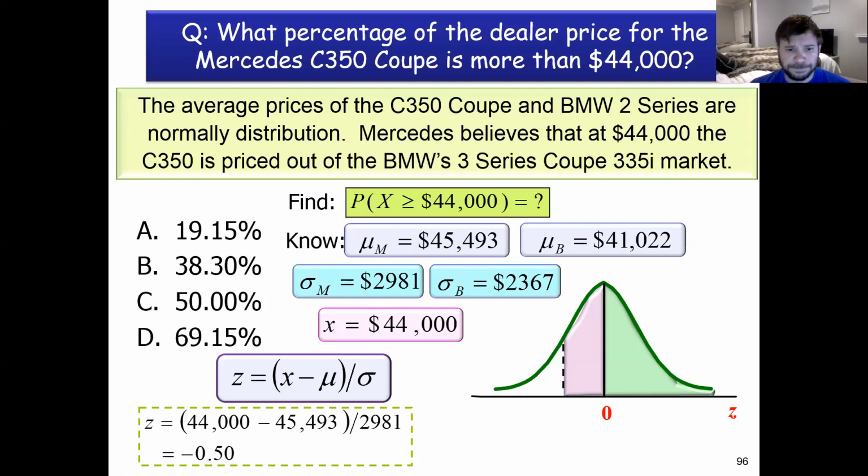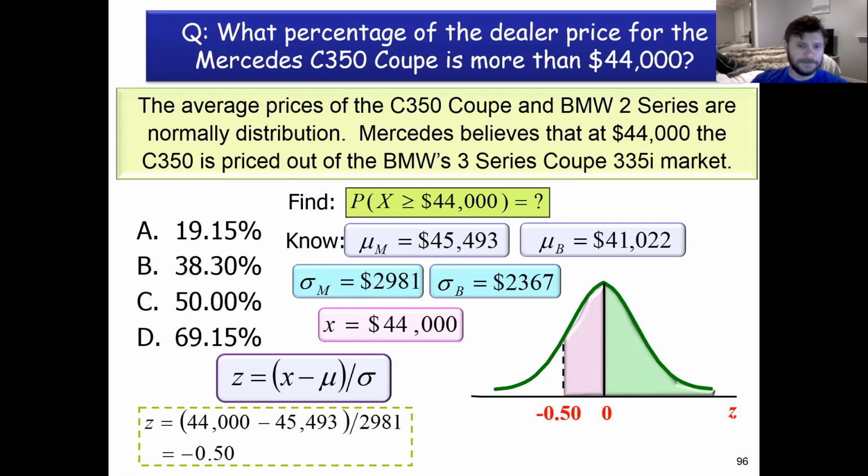We note here that the Z value threshold is below the mean, which is why we're getting a negative 0.5 Z value. So the way we're going to solve this problem is we're going to go to our probability table, find the Z value for minus 0.5, and then add that to 0.5, which is the area on the right-hand side here. So that is the objective.